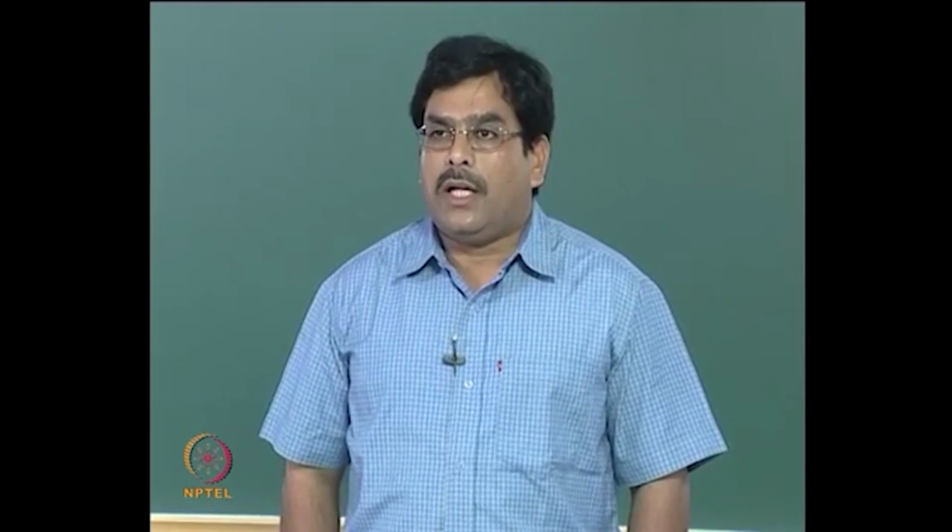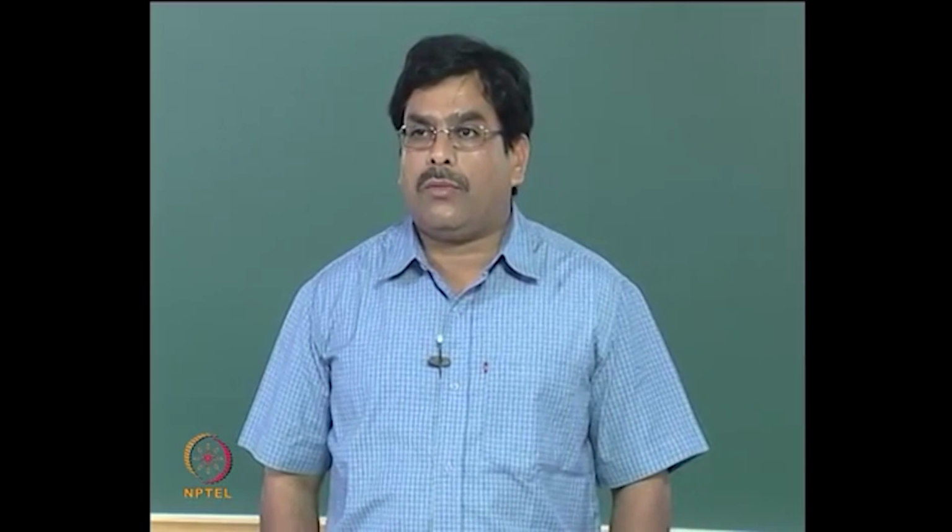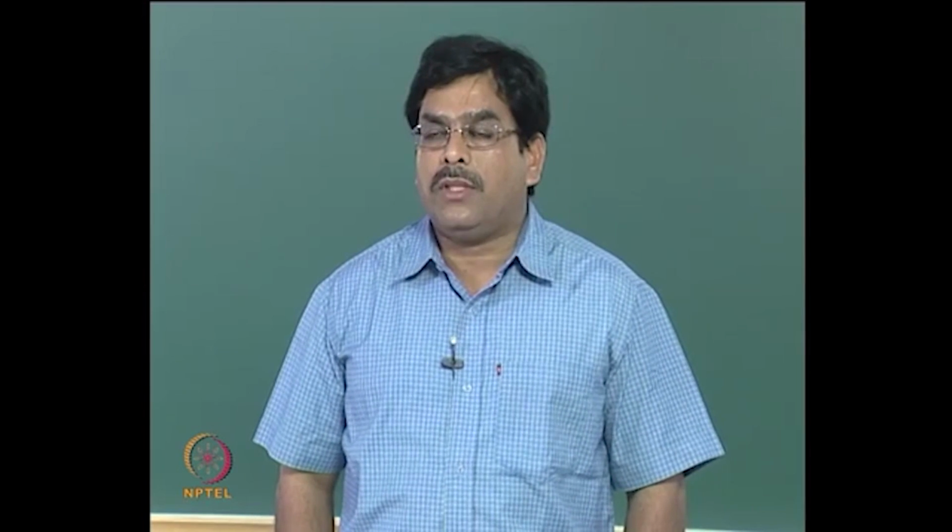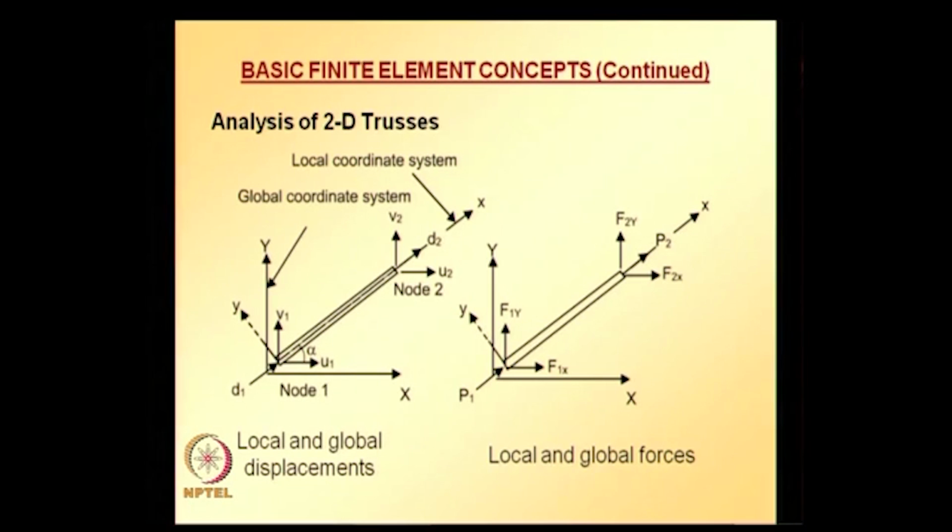Similarly, the force at node 1 in the global coordinate system is denoted using capital F1x, 1x is a subscript, and capital F1y in the global y direction. Similarly, at node 2 capital F2x, capital F2y.